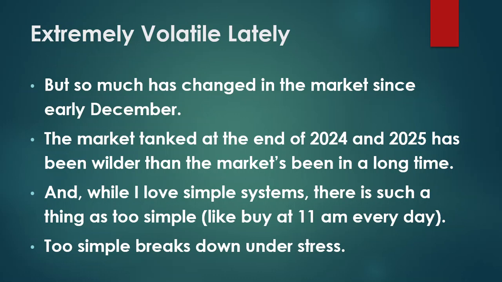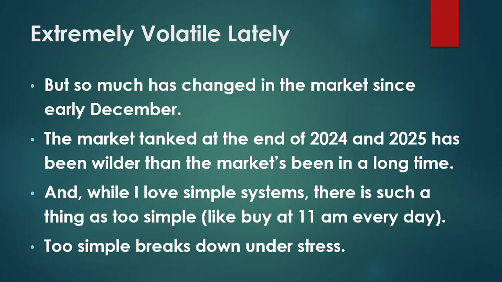I'm going to buy at 11 a.m. Eastern every day. Oh, look, it works. For a while, but something that simple will get absolutely crushed in certain market conditions. It's just too simple. So it's that magic porridge: not too hot and not too cold. It's that simple, but not too simple.